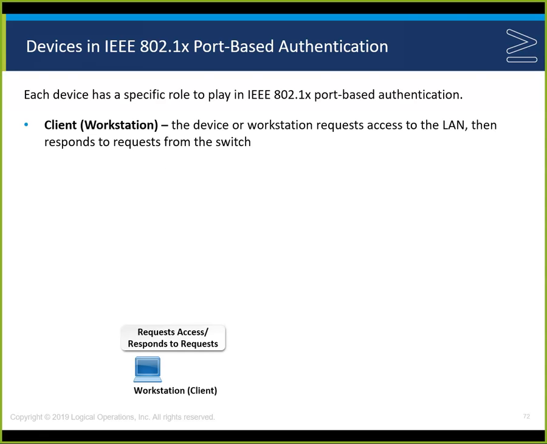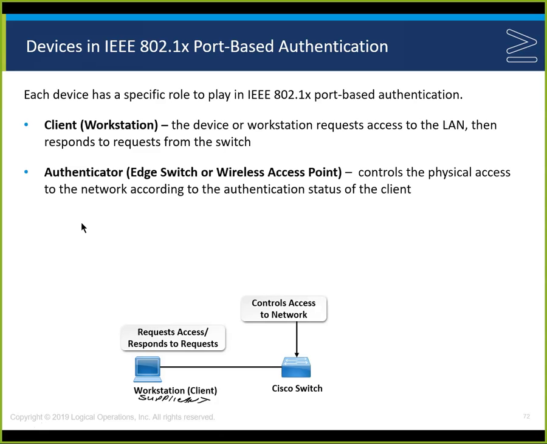And the players in this protocol: we have the client, which is technically named the supplicant. There are a couple of terms that you may need. We'll say the client here, but properly it's the supplicant. Then we have the authenticator, the Cisco switch that controls access to the network, which is trying to verify that we're real.